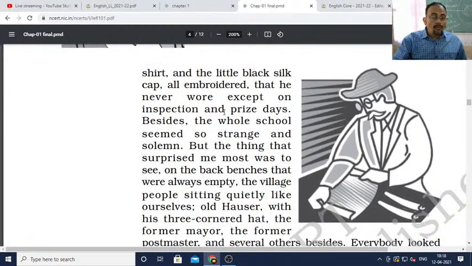He normally wore all those only on inspection and prize days, but today he had worn them. That made Franz a bit surprised.